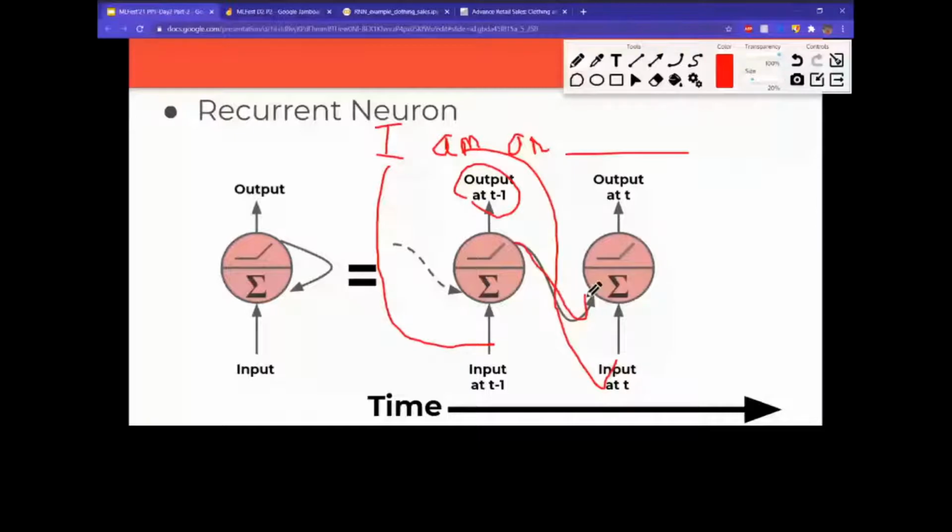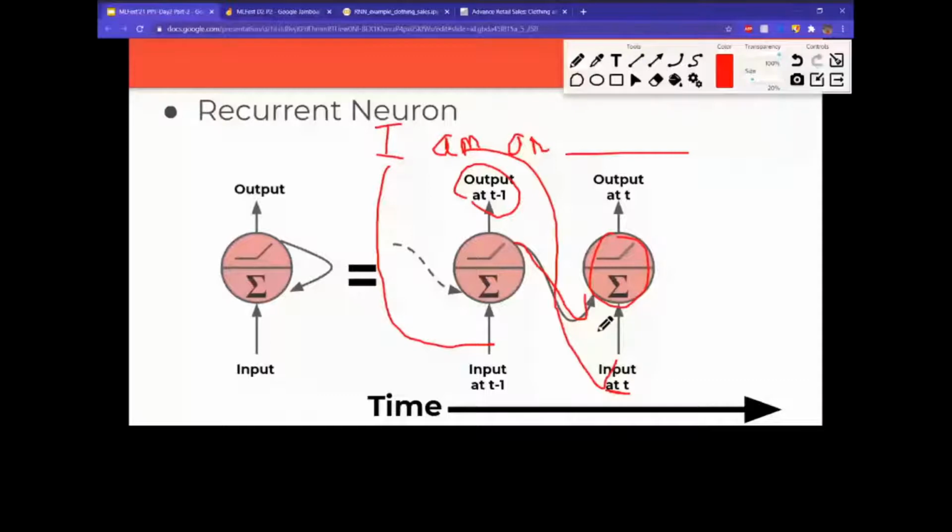This output contains information about the input that came before this one, so it contains information about I. Now this neuron has the information about the new input, which is am, as well as the previous input, which was I. And how does it have that? Because it got the output from the previous step.